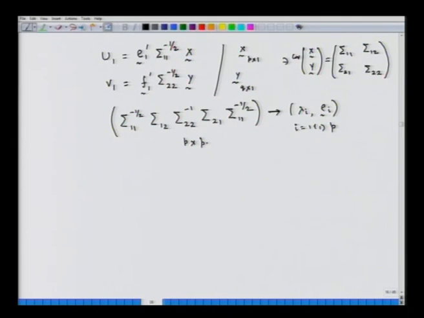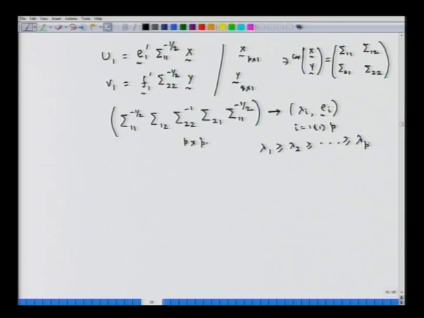These ei's are orthonormalized eigenvectors corresponding to the eigenvalues lambda i's, and we used those orthonormalized eigenvectors in framing the first canonical variable u1, which is e1 prime. So, e1 is the orthonormalized eigenvector of this matrix corresponding to the largest eigenvalue, which was lambda 1. So, we had this setup that lambda 1 is greater than or equal to lambda 2 is greater than or equal to lambda p.